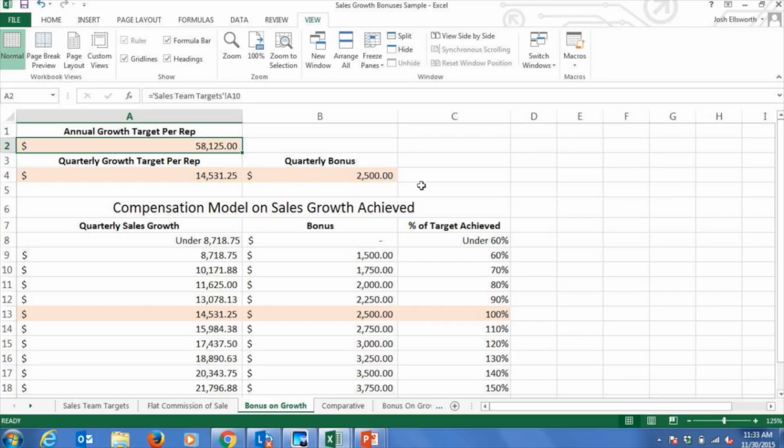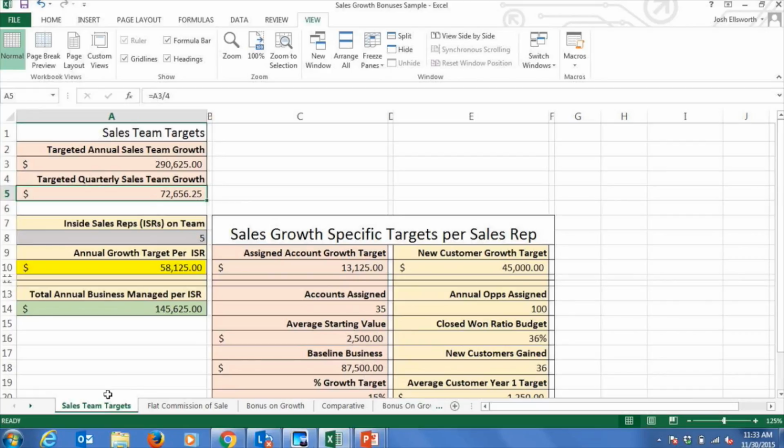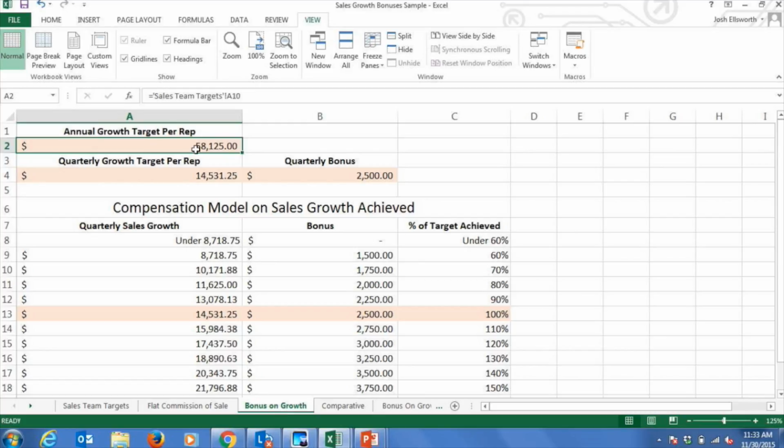So when we jump back to that tab 1, remember that we had this annual growth target per rep of 58,125. So if we take that as a growth target per rep and divide that by 4, or 12, depending on whether you're paying monthly or quarterly, you can get down to a quarterly or monthly target of growth.